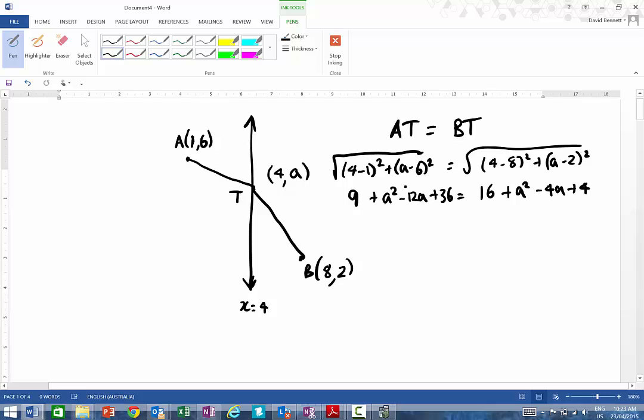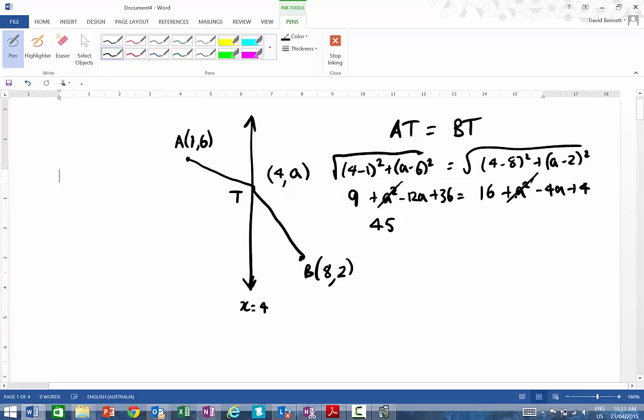Because we've got an A squared on both sides, we can cancel that out. And then what we need to do is bring all of our numbers and all of our A's to one side. So if I bring the numbers to the left hand side and the A's to the other side, we've got 9 plus 36 is 45.